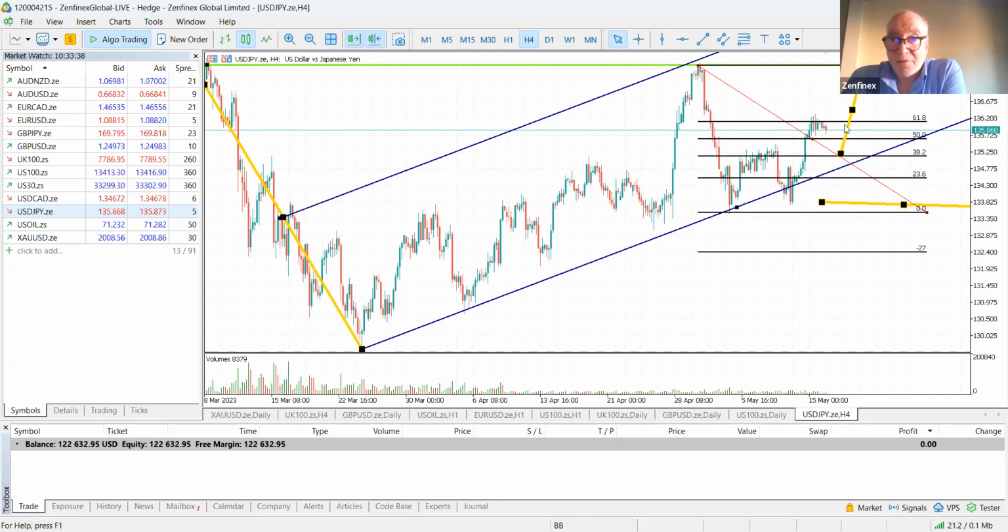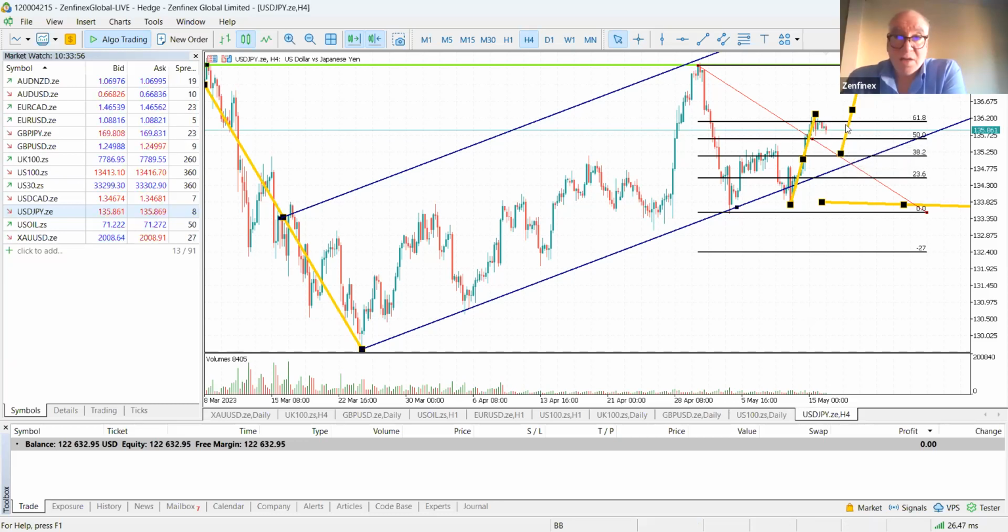So I believe, and can you see this one-to-one? So this leg, in fact, let me just do it again here. So this distance from there to there, it will often pull back and then go back and retest this.